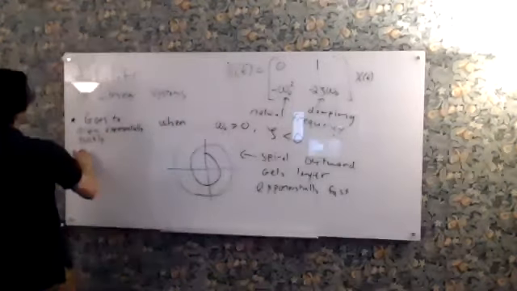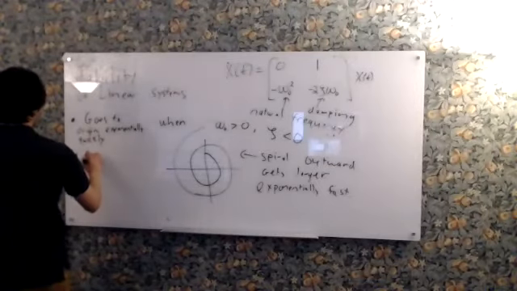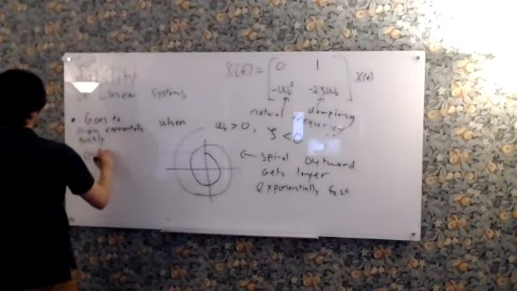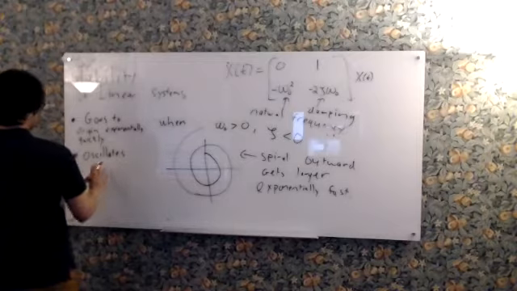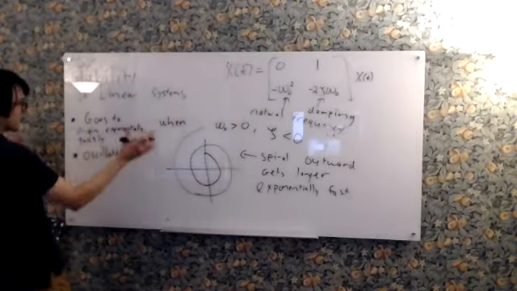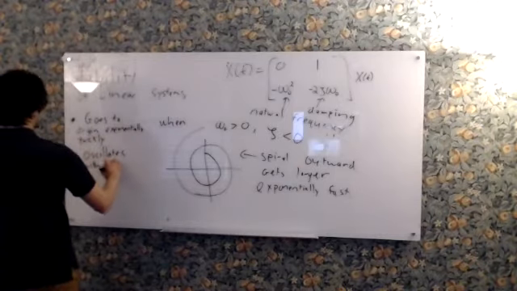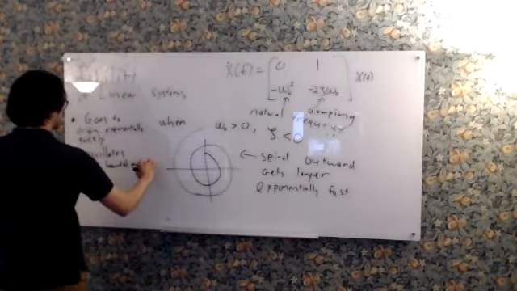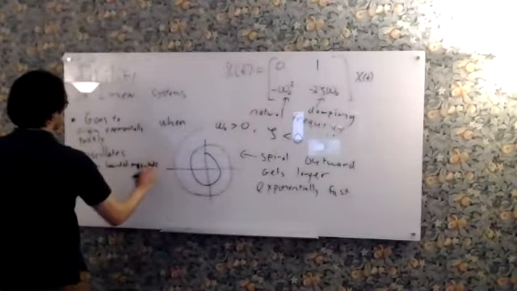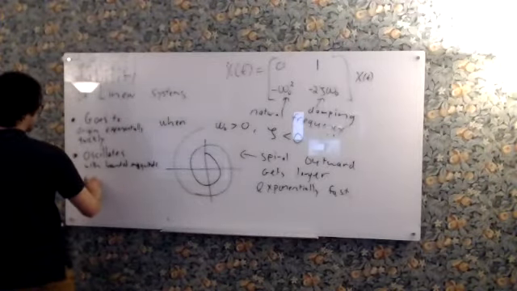The second behavior that we saw is it simply oscillates around the origin, but it oscillates with bounded magnitude. And the third: it diverges to infinity.